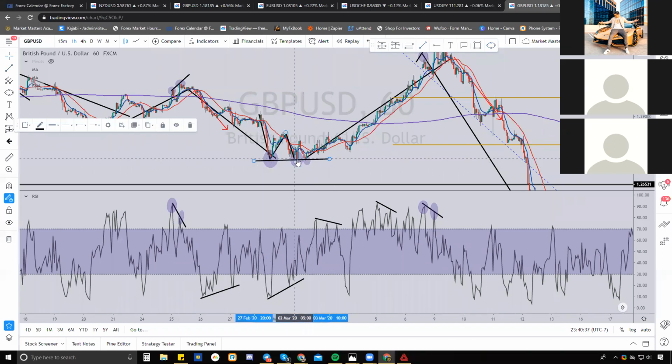So we should be seeing the same thing on the RSI. This point right here should actually be right next to this previous one. Because we see that it's even like that, and this is showing it's going up, this is indicating that price is getting stronger. So we're expecting the price to shoot up.